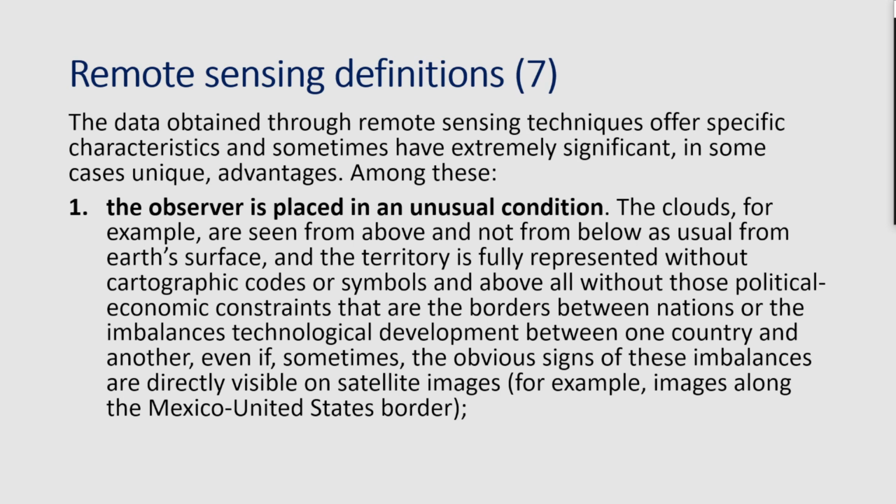The clouds, for example, are seen from above and not from below as usual from Earth's surface, and the territory is fully represented without cartographic codes or symbols, and above all without those political, economic constraints that are the borders between nations or the imbalances of technological development between one country and another, even if, sometimes, the obvious signs of these imbalances are directly visible on satellite images, for example, images along the Mexico-United States border.